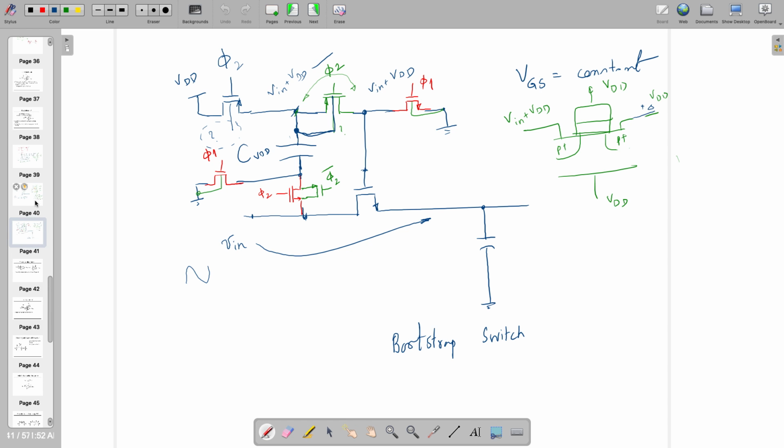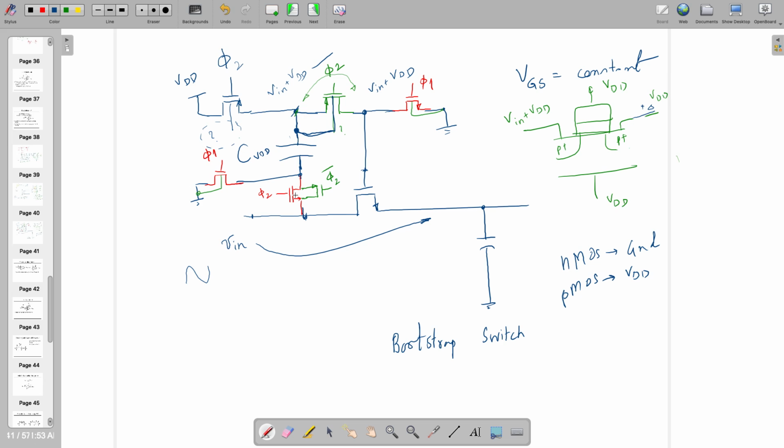For a transmission gate, whether we connect the body to source or body, for NMOS body to ground and PMOS body to VDD. If I am not drawing, it means NMOS body is connected to ground and PMOS body is connected to VDD. This will make sure that you are not going below ground and you are not going above VDD. This is defining the power supply, right? So the same thing you can do here.